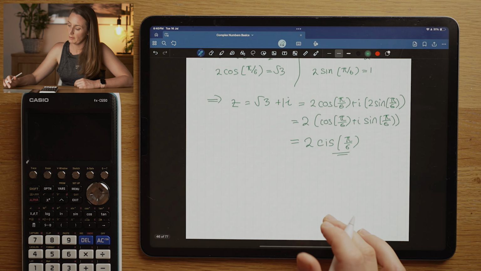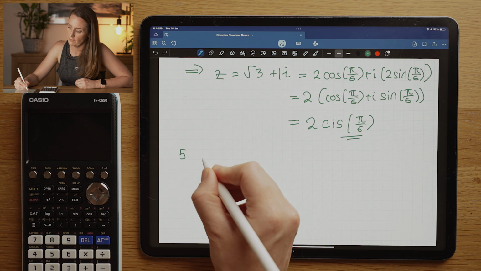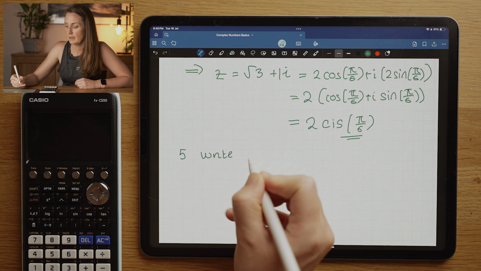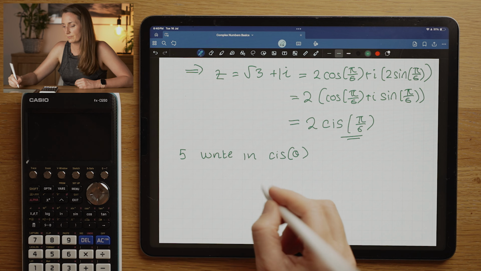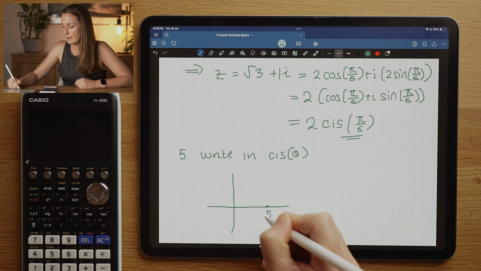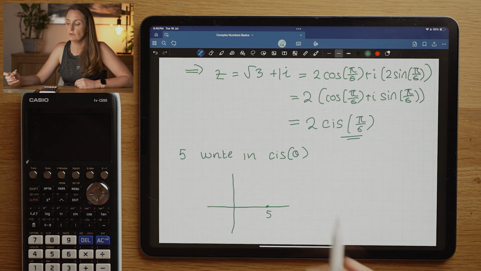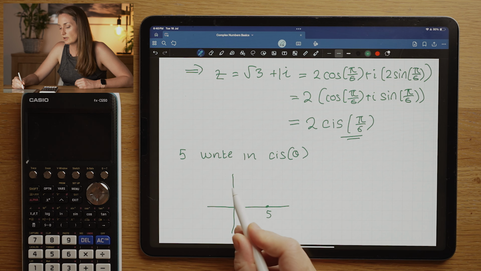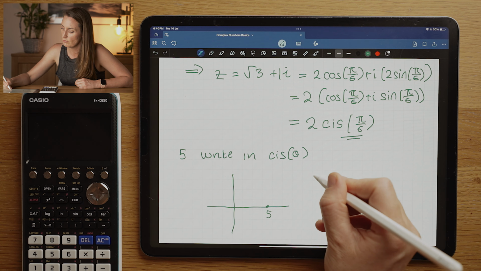One quick one that I'm going to add on to the end is if you have a number like, for example, 5 that you want to write in polar form or in cis form, all you have to do is think that 5 would be here. So its angle, if we measure it in the same way we measured it on the unit circle, would actually be 0. So how far away is it from the origin? Its radius would be 5.